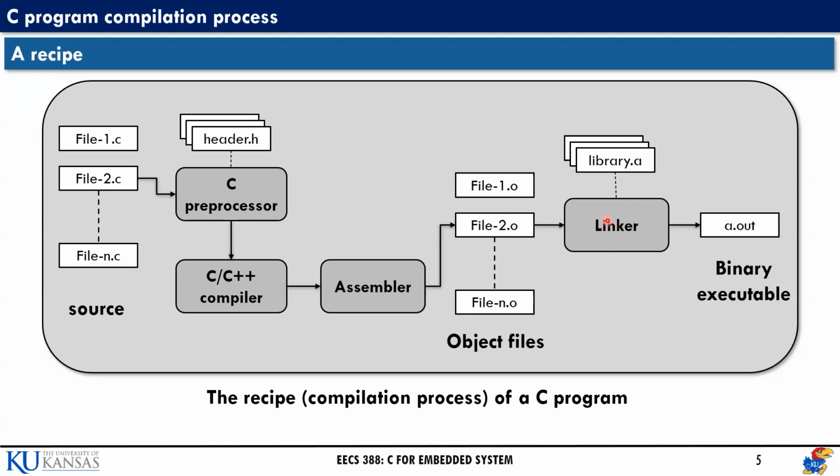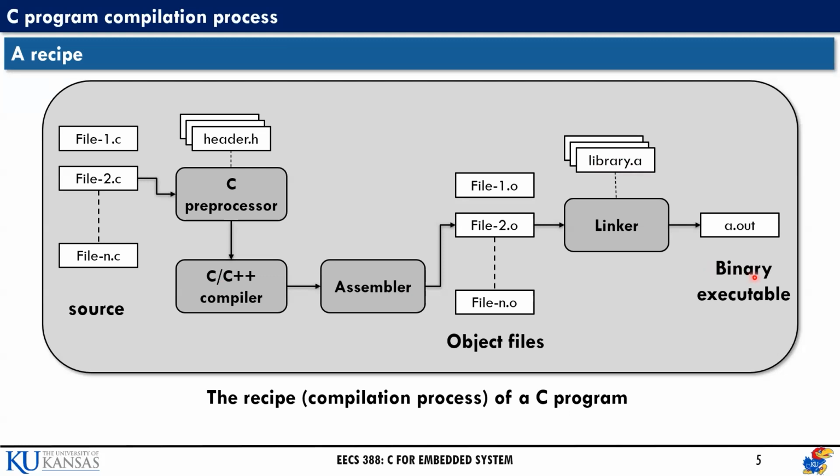So the linker has all the libraries we initially wrote inside of our code, and it links all of these libraries with our object files, and finally generates a binary executable.